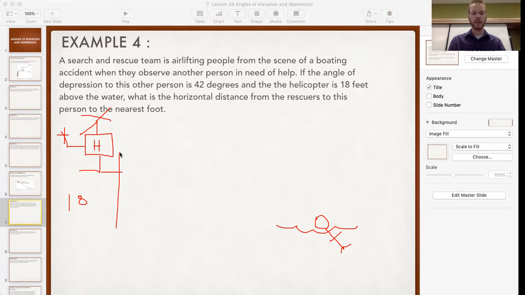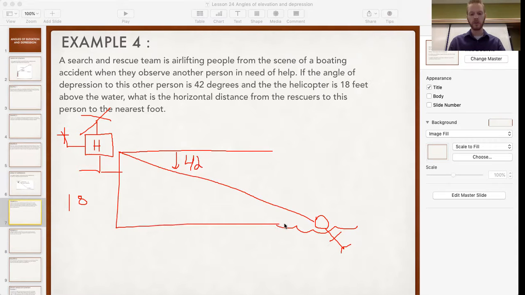Okay. Now, the angle of depression, if I look straight out and then look down to this person, this right here is 42 degrees. And I want to know what the distance is from the swimmer to the helicopter, the horizontal distance.